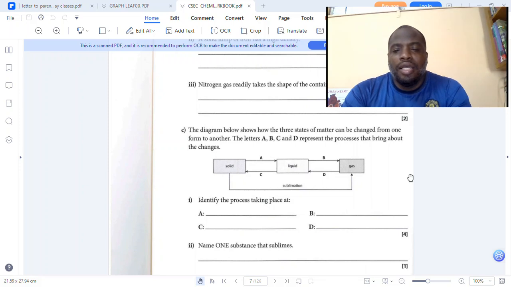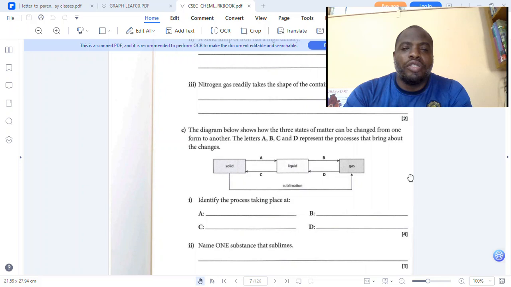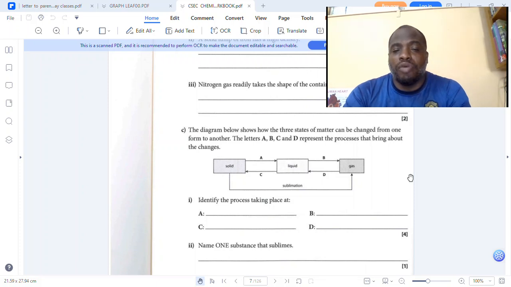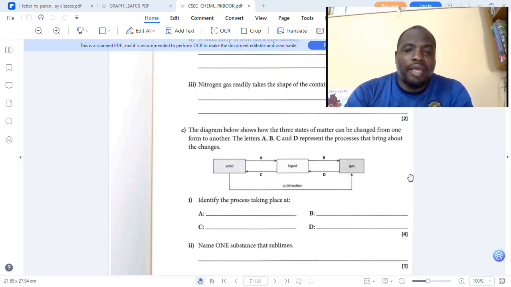Part C, it says, the diagram below shows how the 3 states of matter can be changed from one form to another. The letters A, B, C, and D represent the processes that bring about the changes.